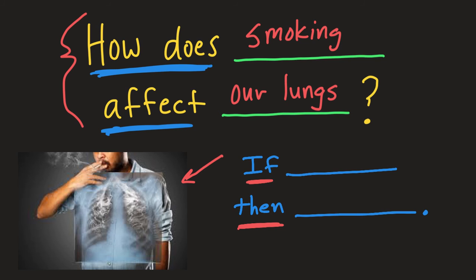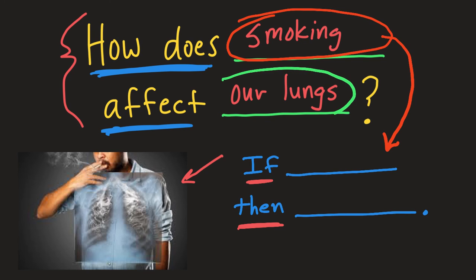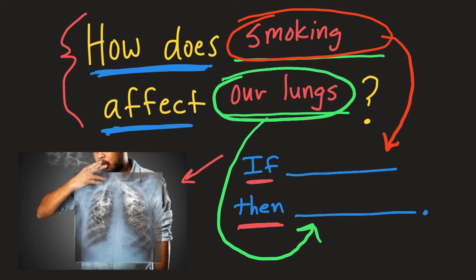It doesn't get super complicated from here. You're going to talk about the first blank in your question in the first blank of your hypothesis. And you're going to talk about the second blank in your question, whatever you wrote there, in the second blank of your hypothesis.